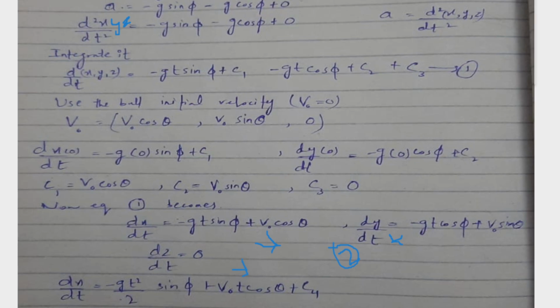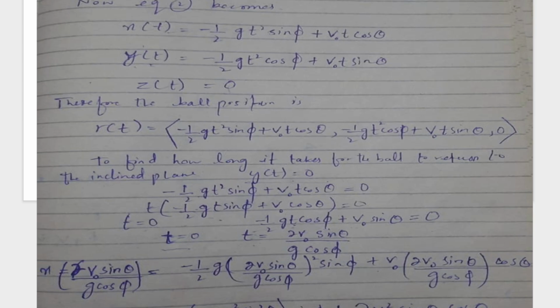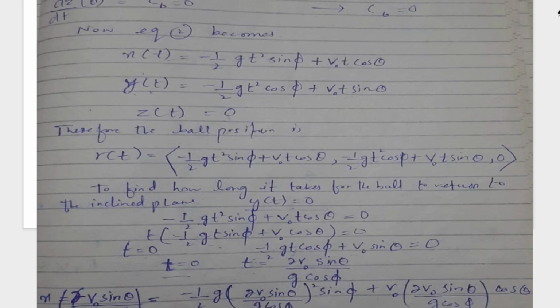Now you can see, like the previous case, when we put the values in equation 2, we will get this form. Therefore the ball position is this: along x, along y, and 0 along z.